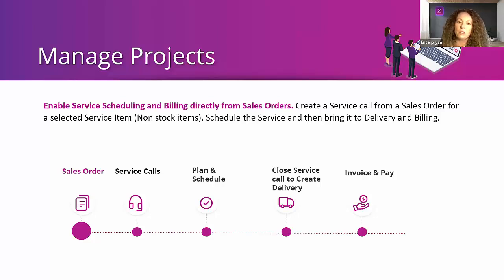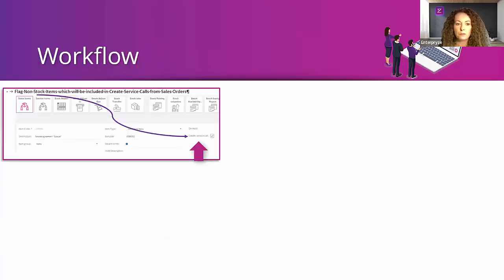Once that service call is created with that particular item, you have an action where you can then create the service call and the planned activities relating to that service call, all based on the quantities that you've defined during the sales order entry. So let me just show you where that is when it comes to the workflow.